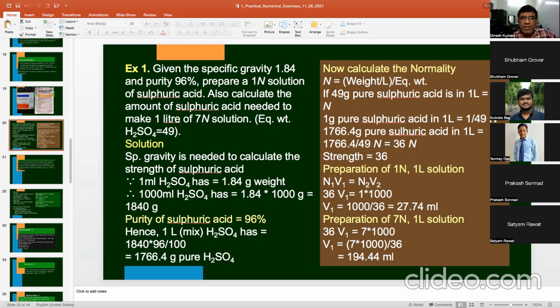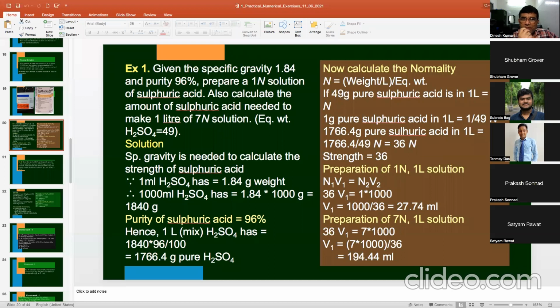So here you are given a specific gravity of 1.84. It can be 1.83. It can be any value depending upon the acid or material. So what does specific gravity 1.84 mean? Can anybody tell me what is meant by 1.84 specific gravity? Satyam, are you there?